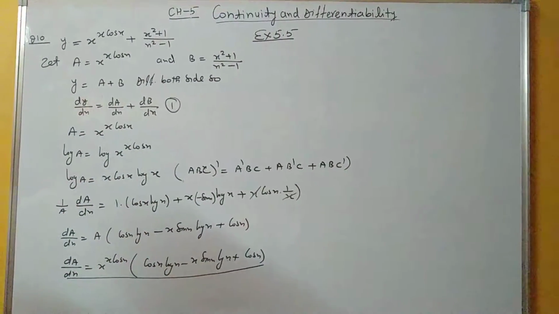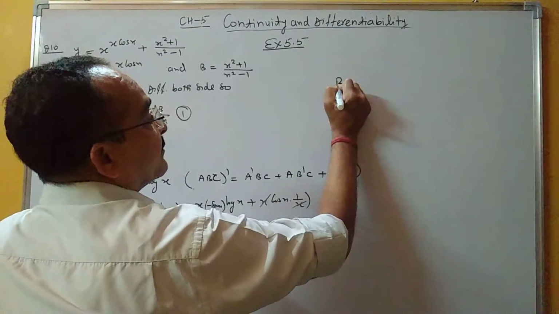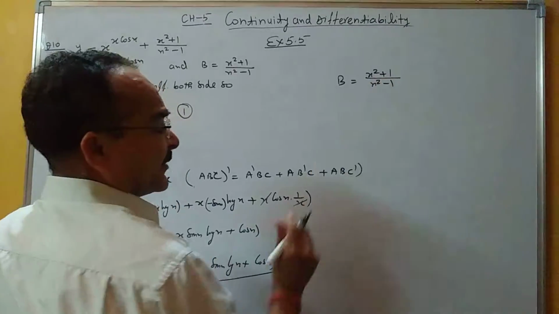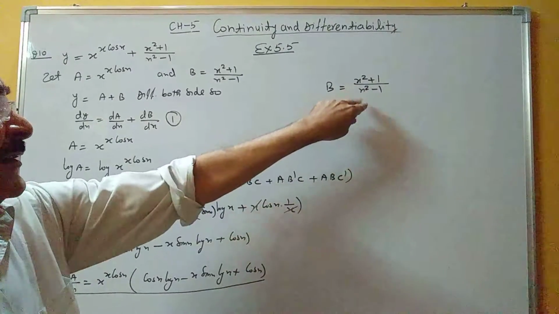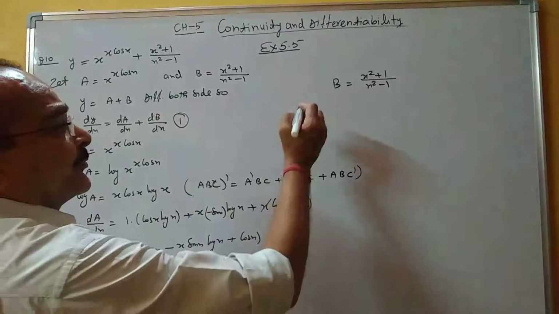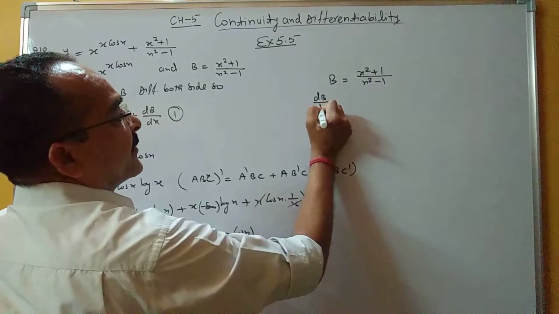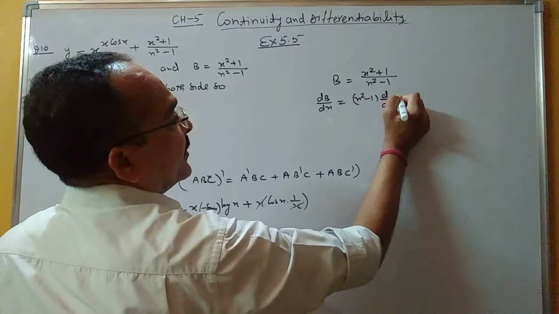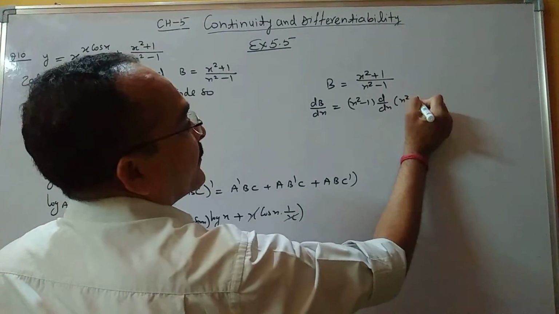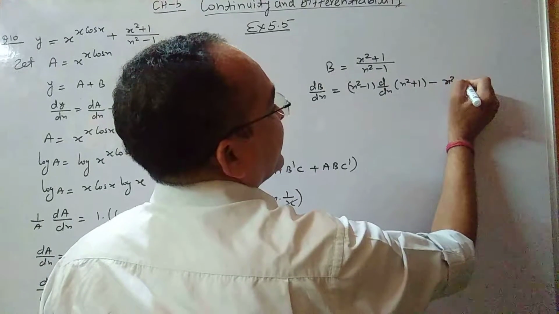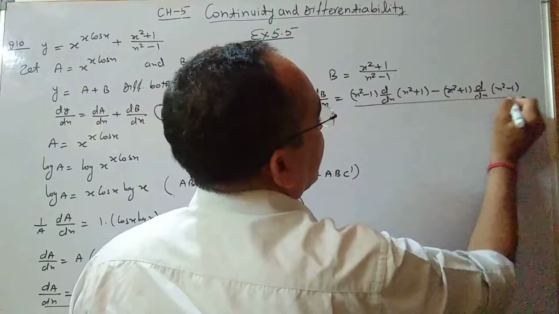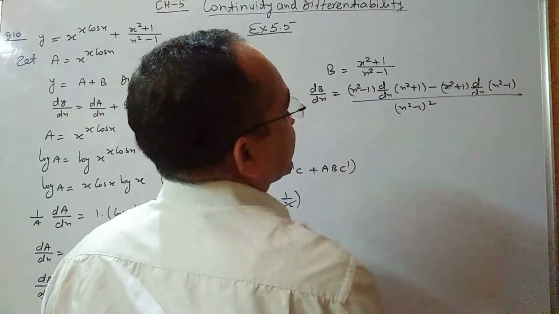Now differentiate b is equal to (x square plus 1) upon (x square minus 1). In this part, you see that the differentiation is by quotient rule. So differentiate with respect to x, dB by dx. Denominator as it is, d upon dx numerator, minus numerator as it is, d upon dx denominator, over denominator whole square.